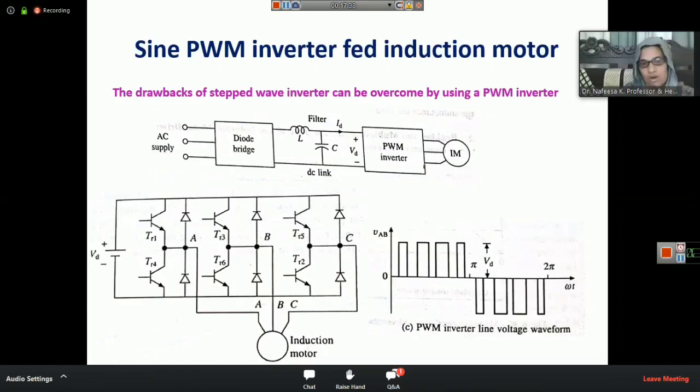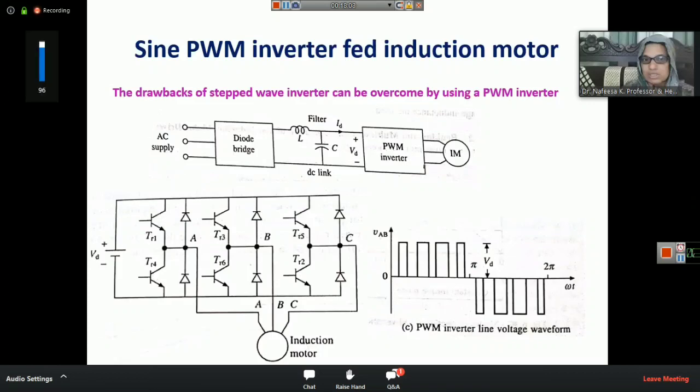Now we will see that the same circuit diagram can be used for this PWM inverter also. The inverter setup is the same, with six switches: positive group switches and negative group switches. Here the circuit diagram uses transistors. In the previous case we used thyristors, and these switches can be any type depending upon the application.